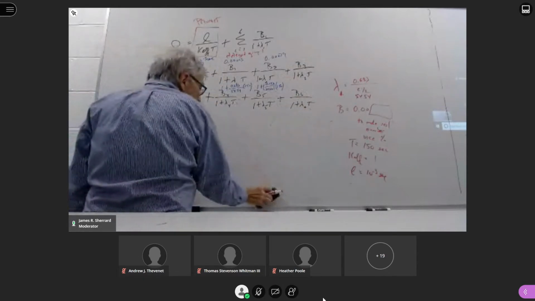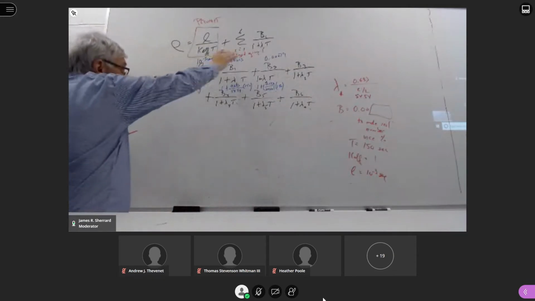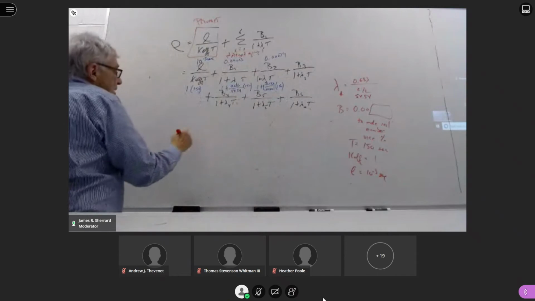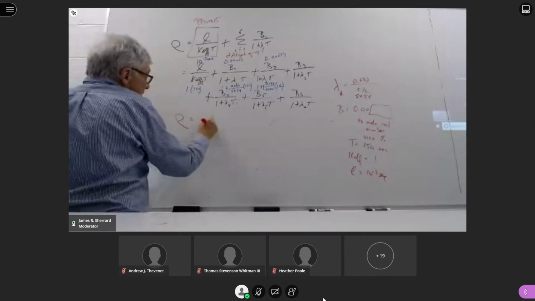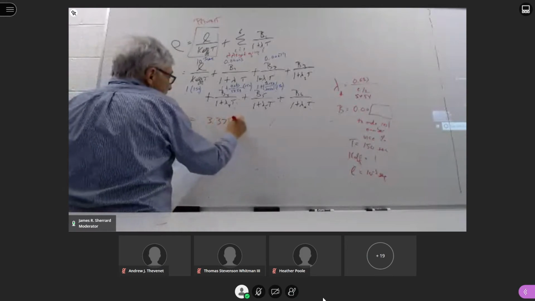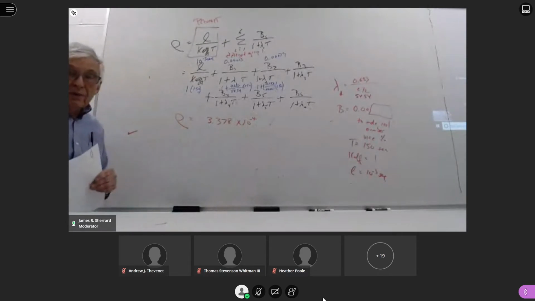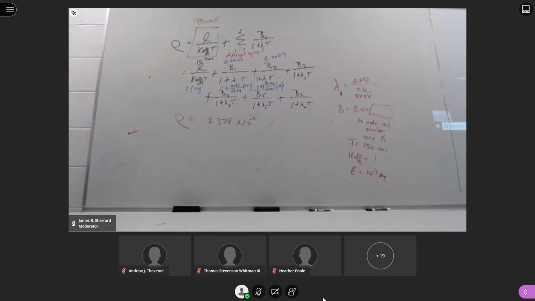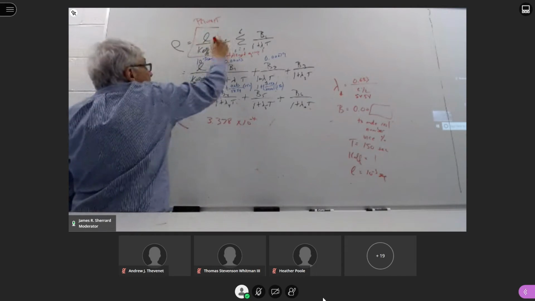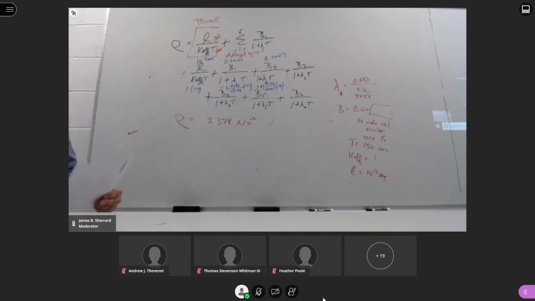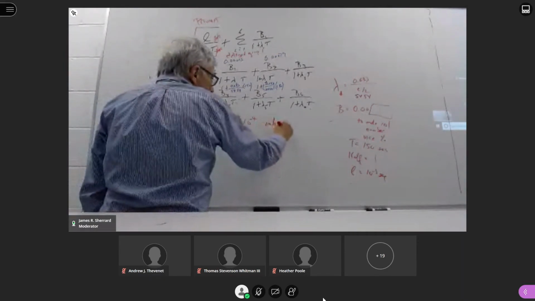When I did all of that, and then I did the algebra for adding up all 7 of those contributions, I had rho was equal to 3.378 times 10 to the minus 4th. And if you noticed, this is in seconds, this is in seconds, cancel, cancel. So it's dimensionless. Whenever it's dimensionless, your answer is in dollars.